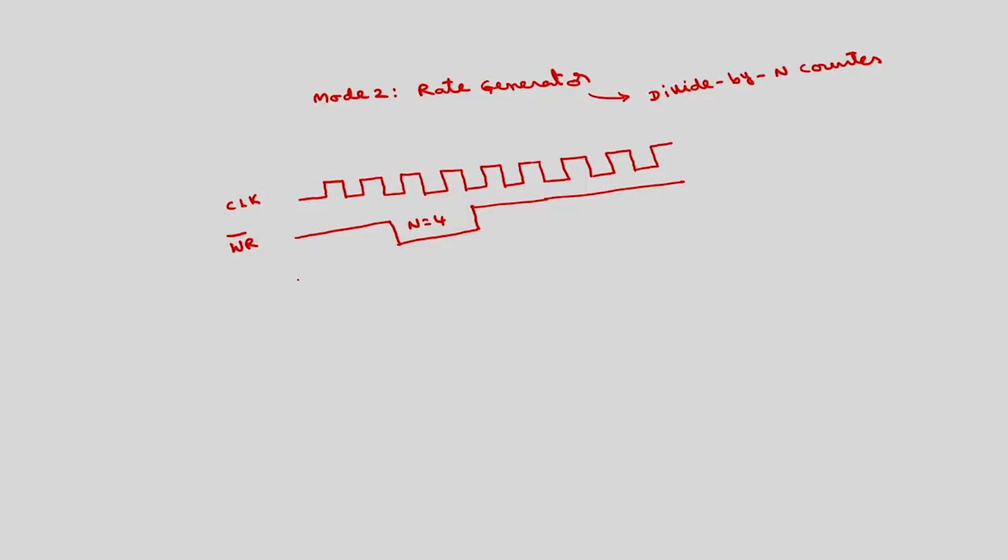And here also, like mode 0, the gate signal will always be high.